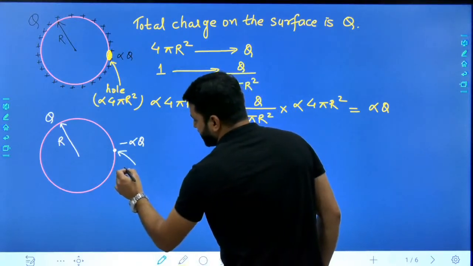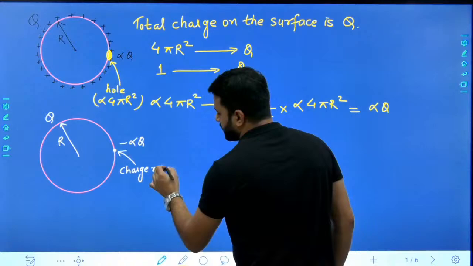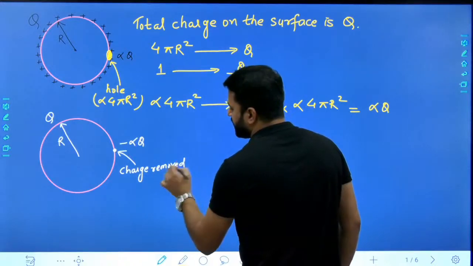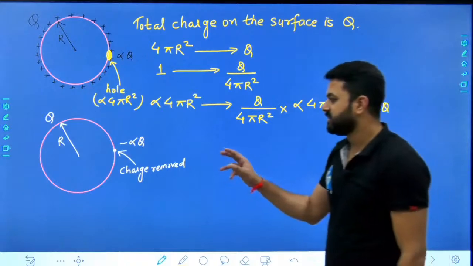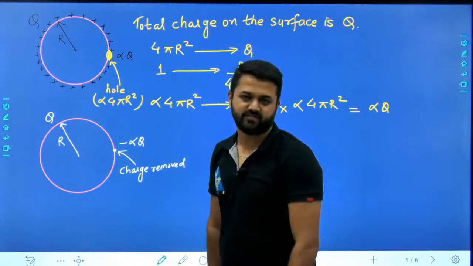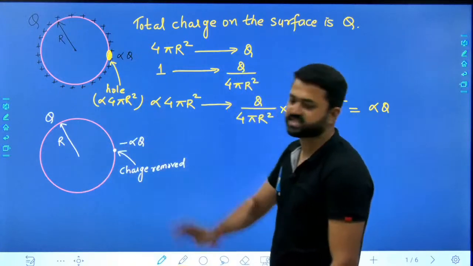So how many charges have we removed? The charge we have removed is minus alpha Q, and the total charge is Q.